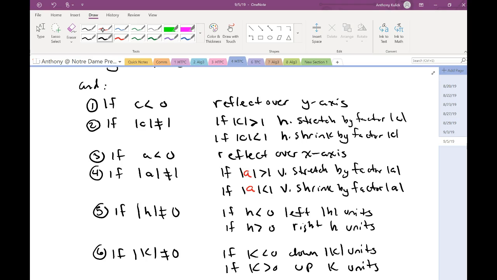The a controls the reflection across the x-axis and the vertical stretches and shrinks. The h's control the left and right translation, and the k's control the up and down translation.